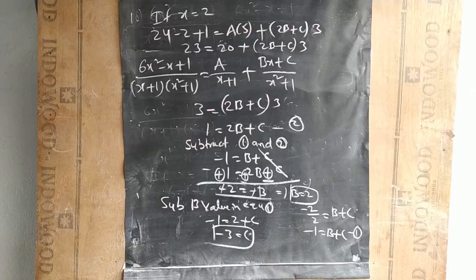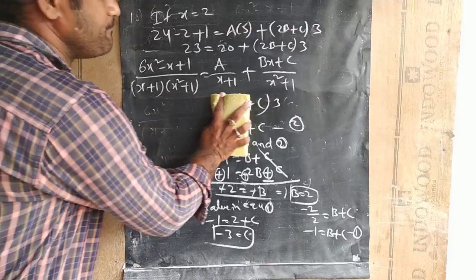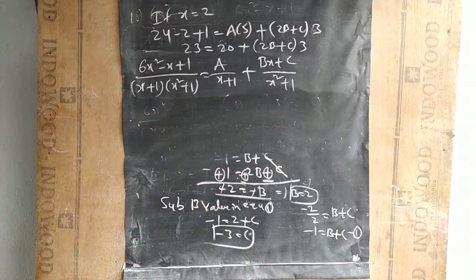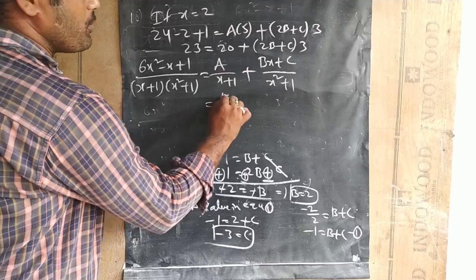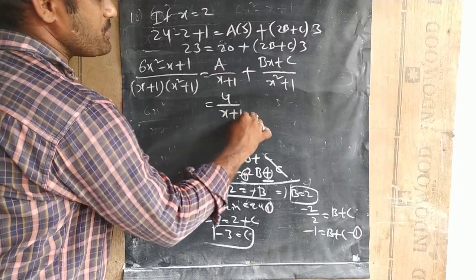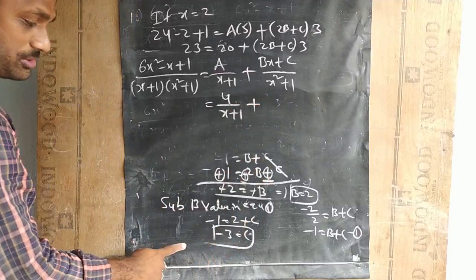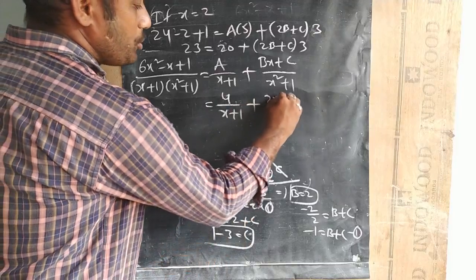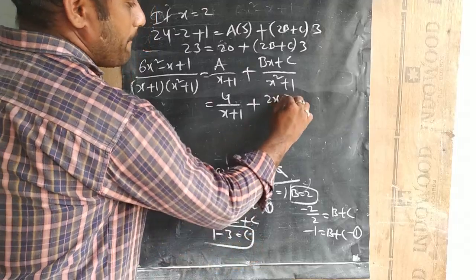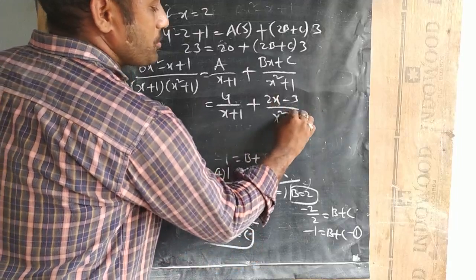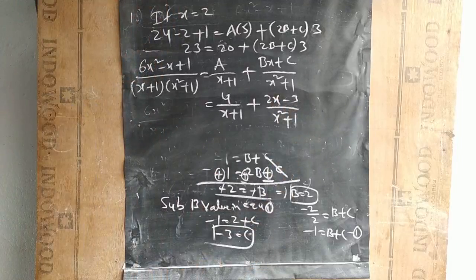Let us substitute in the answer. We got the A value as 4. So the answer is 4 by (x + 1) plus, B value is how much here, 2, so 2x minus 3, divided by (x² + 1). This is the way of resolving into partial fractions.